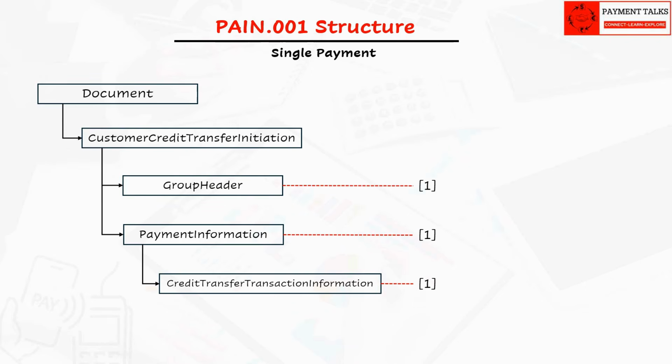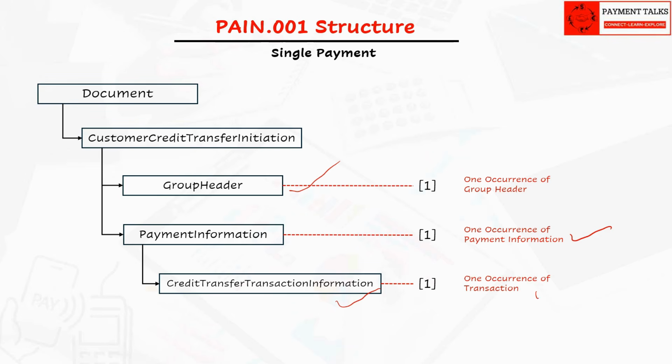The group header is always only one. Since it is a single payment with single debit, the payment information section will be only once, which carries the debtor and debtor account details with execution date. In a single payment, we have only one beneficiary, that is only one creditor.